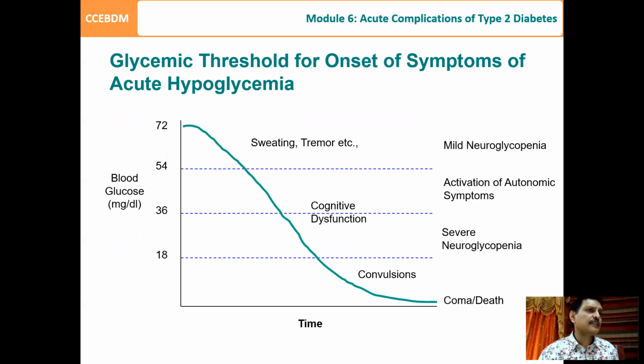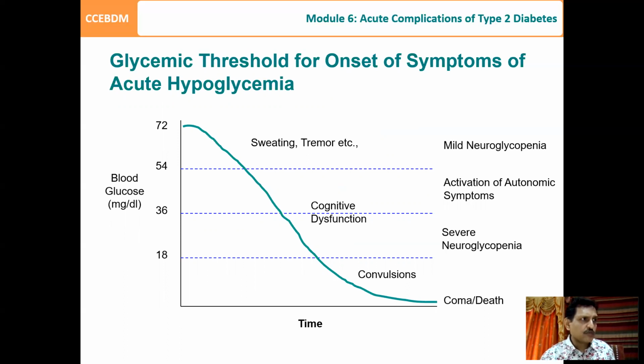Now you can see that when the hypoglycemia is in the mild range, between say 50 to 70, there is usually sweating, tremor, all the adrenergic symptoms which we usually find.